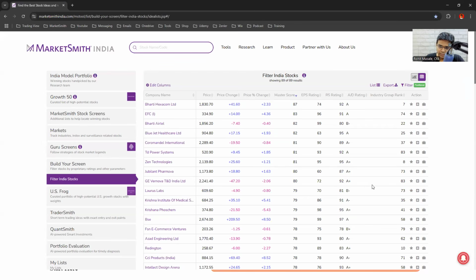Now let me recreate this filter because I am interested in those remaining 54 stocks. What's the problem with them? The problem with them is liquidity, right? So if I take those 54 stocks, am I increasing my risk or am I decreasing my risk? See, I have always told you that trading is all about risk management. This is a game of risk management and probabilities. So I need to understand what I am doing here.